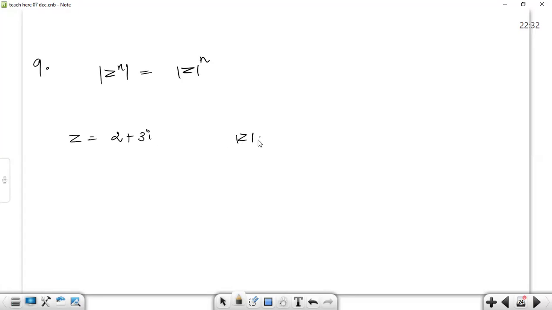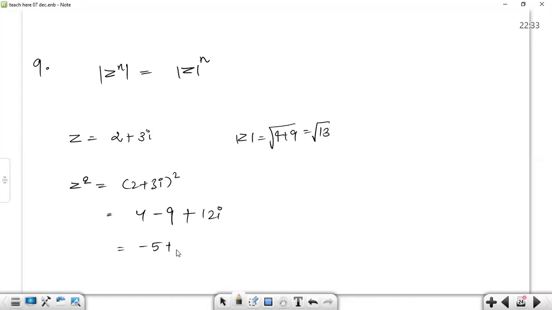Its modulus is the square root of 4 plus 9, that is root 13. So if we square it, 2 plus 3 iota square: 4 plus 9 iota square, and iota square becomes negative, plus 2 into 2 into 3, 12 iota. It's minus 5 plus 12 iota.